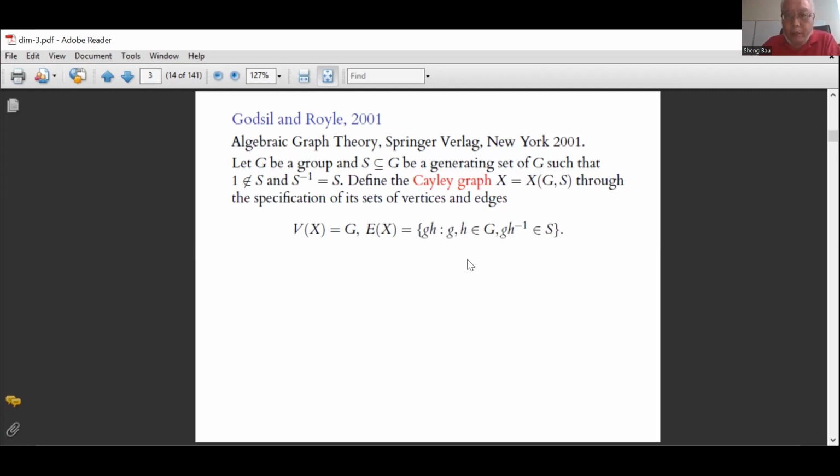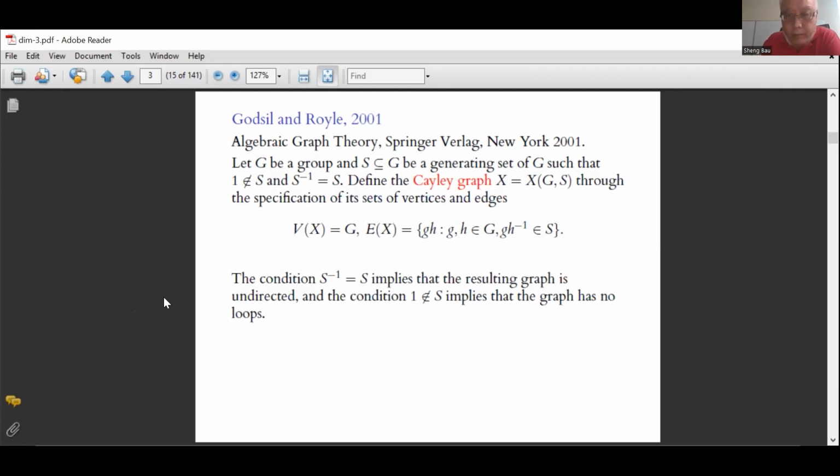And the edges are given by the generating set. Basically we are multiplying elements from this vertex: you take an element from the generating set, multiply from the right, and that result is an edge going from here to there. This is how it is defined originally. This is a Cayley graph.